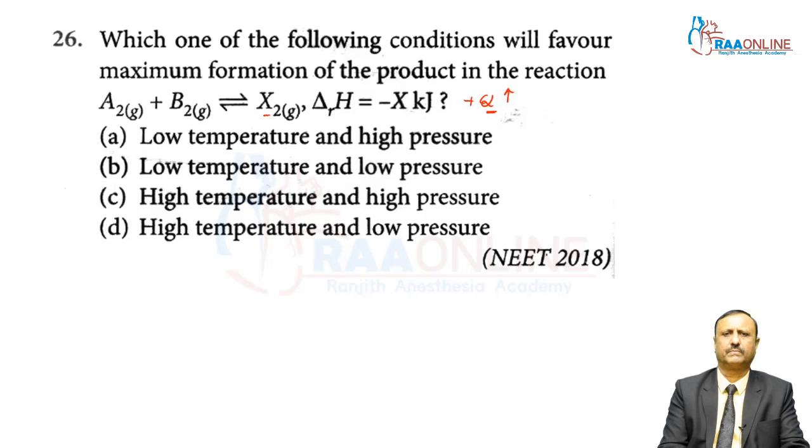Here 2 moles are present on the reactant side, both gaseous, and here 1 mole is present. So my dear students, when you increase the pressure, equilibrium goes to the direction in which pressure is reduced. So equilibrium goes in the forward direction. So low temperature and high pressure are required for this equilibrium. So you can go to answer A. Question number 26, answer A.